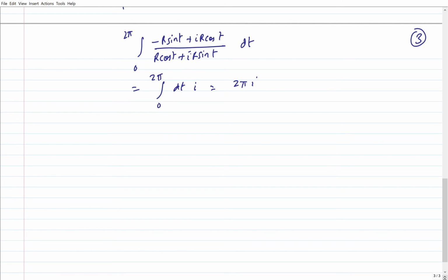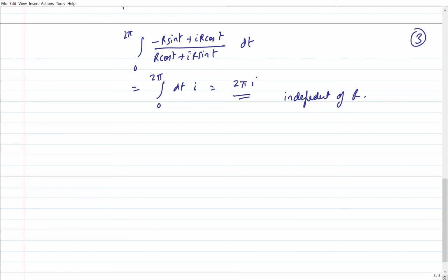So the value of the contour integral is the answer. You can see the answer is independent of R. We'll also consider a case where we have a contour which depends upon the path, in the sense that it depends upon which direction we take the path.